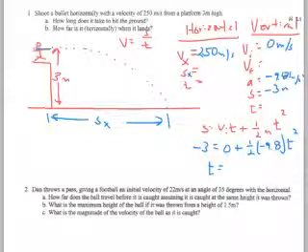That cancels out. Plus 1/2 times the -9.8 times t squared. Well, if you do the math here, t comes out to be 0.78 seconds.